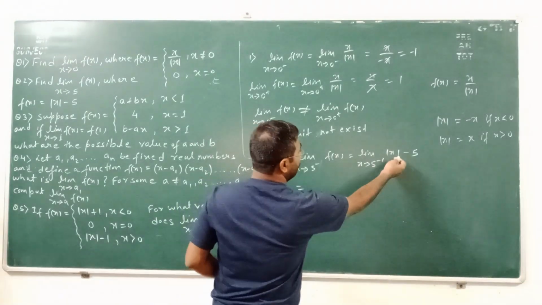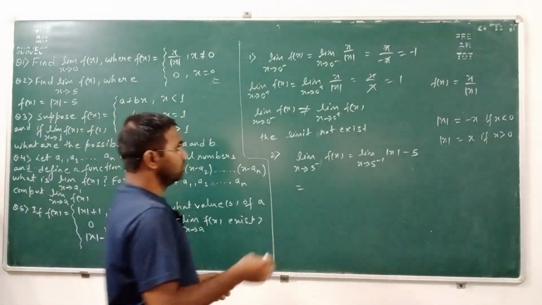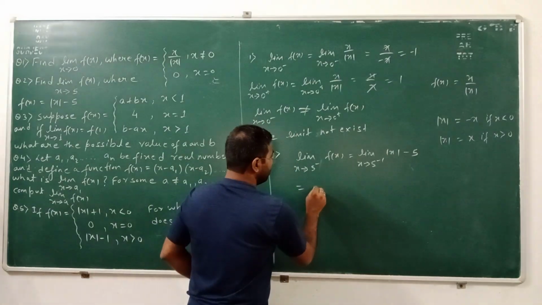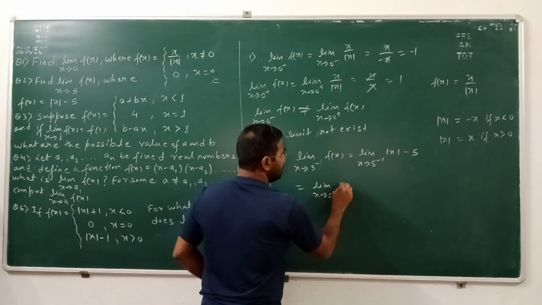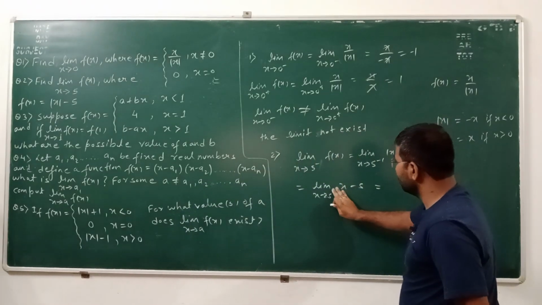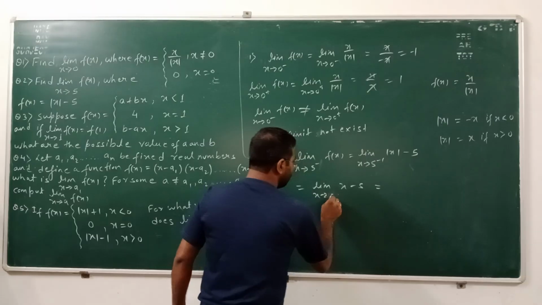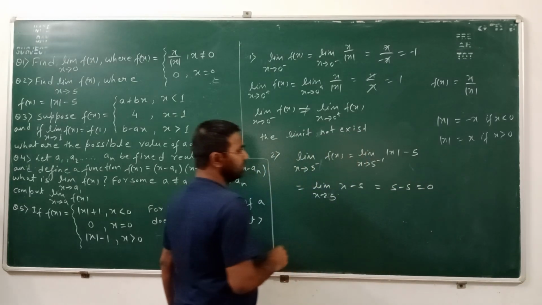When we take the mod, 5 is greater than 0, so the value will be positive. So here limit x tends to 5 negative x minus 5 will be there. Now put the value 5 here, so 5 minus 5 will be 0.